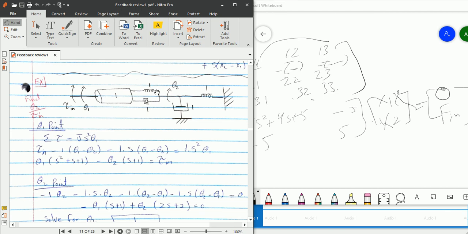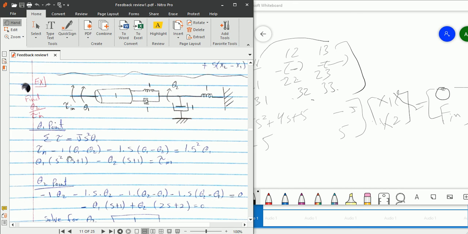What is this? This is the spring. Then minus 1 dot s into theta 1 minus theta 2. What is this? It is the damper. Okay, it is in between theta 1 and theta 2, that's why we are taking theta 1 minus theta 2. It is equal to 1 dot s square dot theta 1. Okay, the Newton law equation.